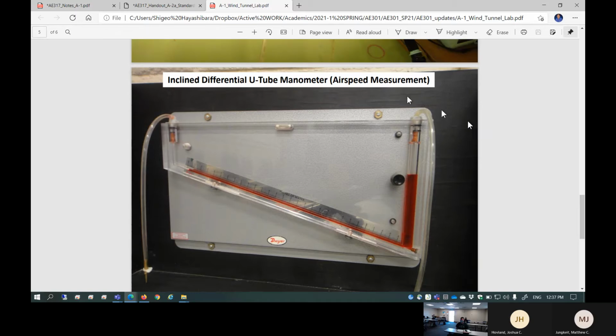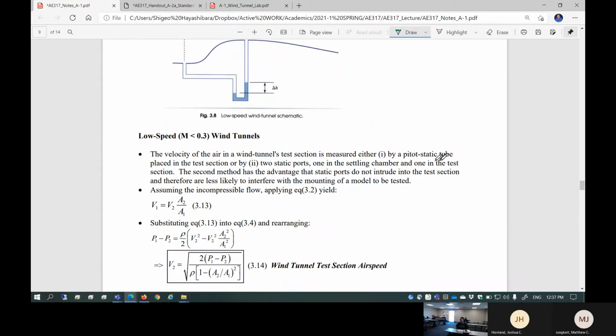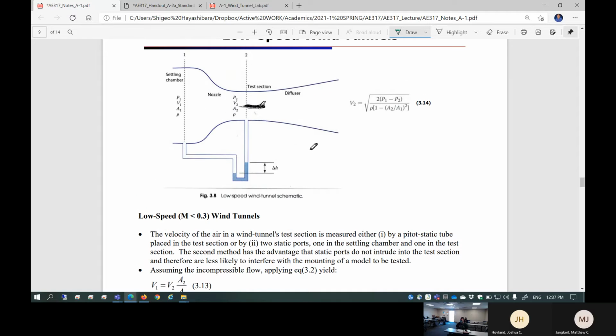Anyway, so this is what I'm talking about. That's one way, a pitot-static tube placed in the test section. Or number two, as you're looking at here, two static ports. One is on the test section, the other is on the settling chamber.